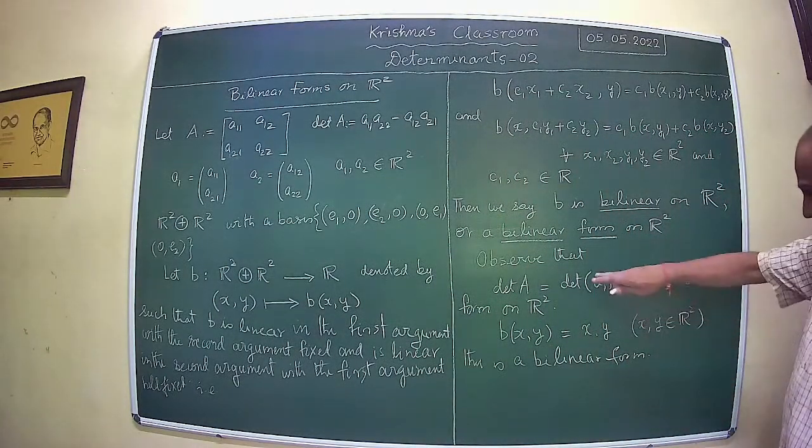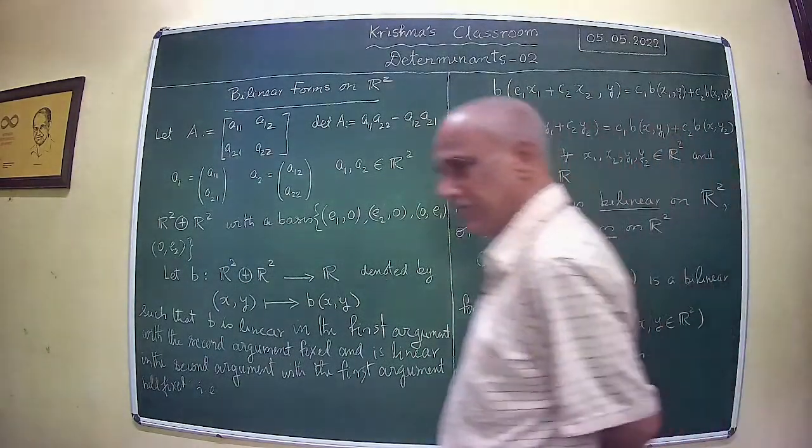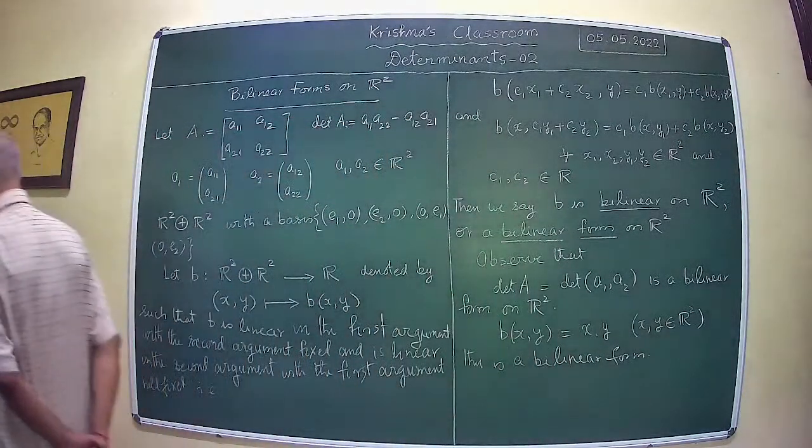So it is because determinant of A is a bilinear form that we are interested in this.